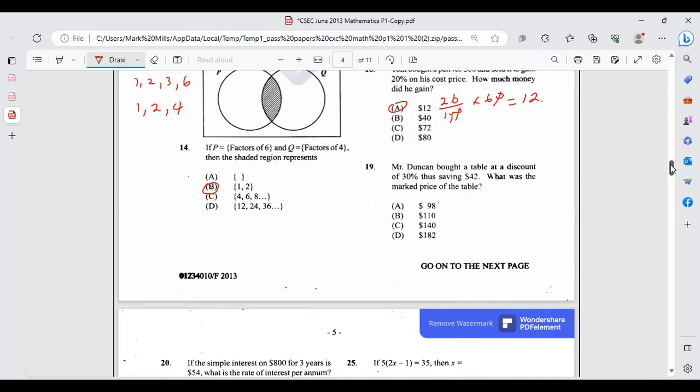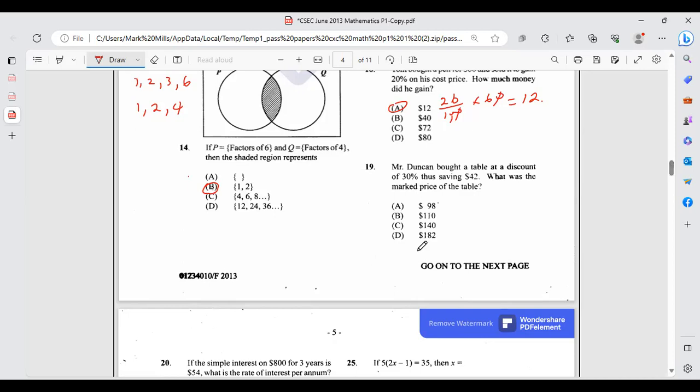They are saying that the 30% actually represents the $42. Do you realize that?